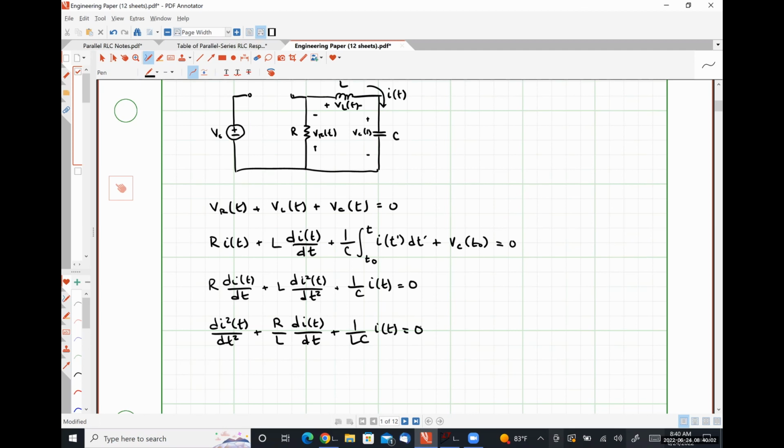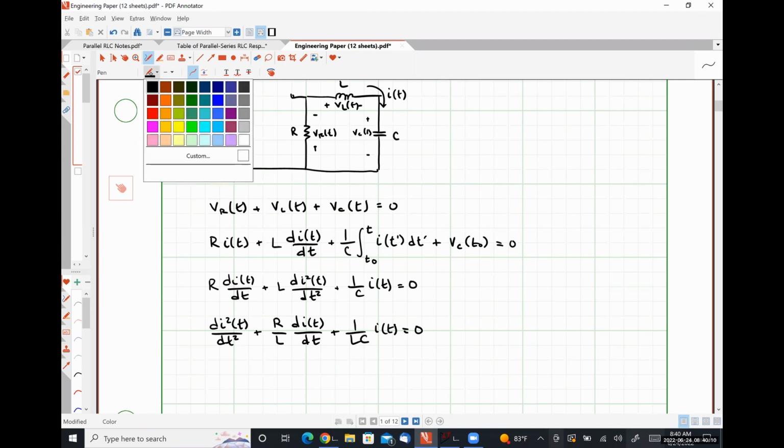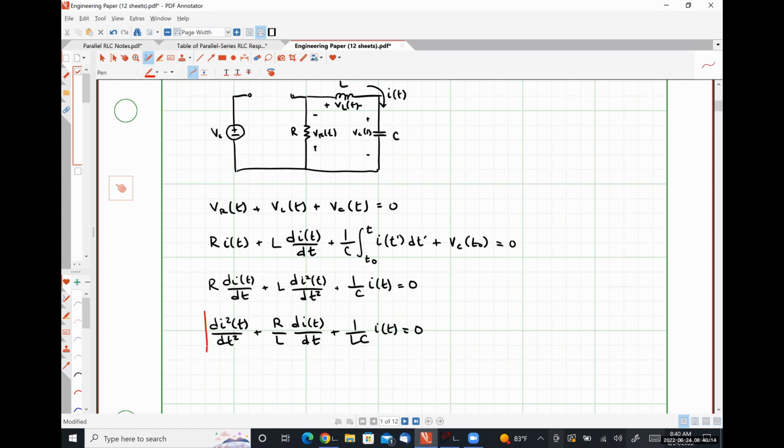And this is my characteristic differential equation for my system, much like we had on Wednesday's class for our series RLC circuit. So I'm going to put a box around this. This is a differential equation that governs the behavior of our circuit.